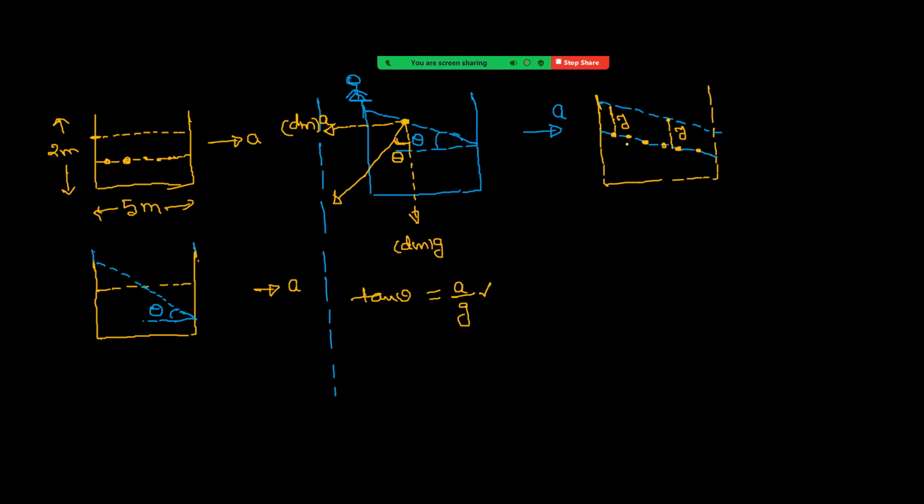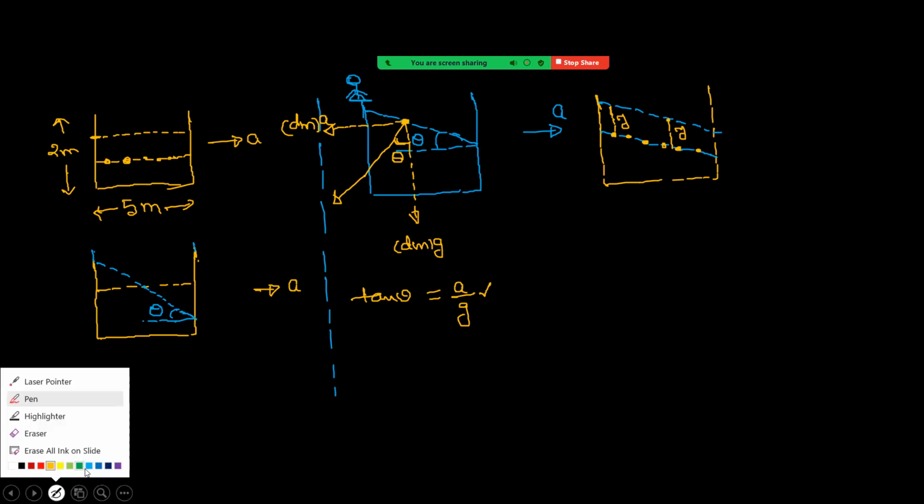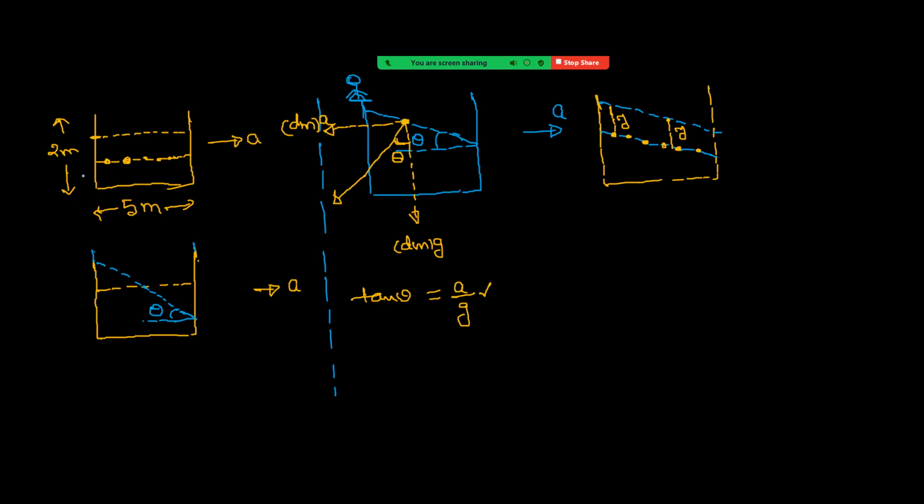But remember, these points are not at the same level. See the meaning of same level. We can see here, these points are at the same level. Here, it is also same depth, same level in this case. But coming to here, the depth is the same, but the level is not the same. They are now at different levels.